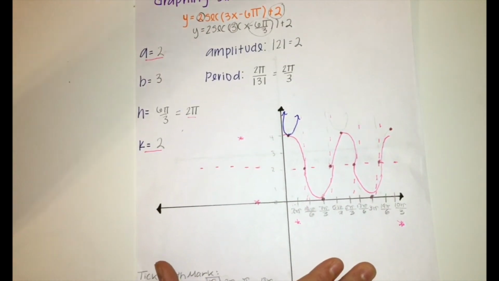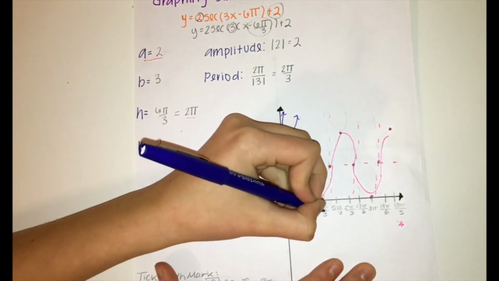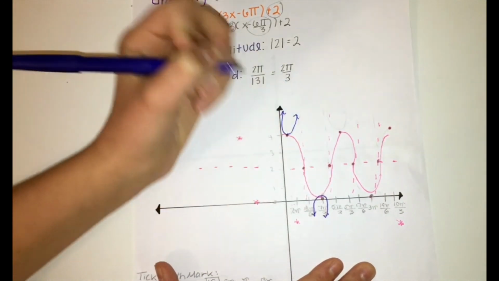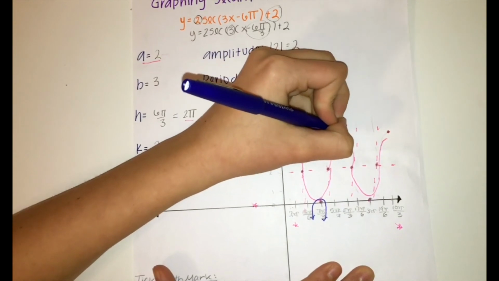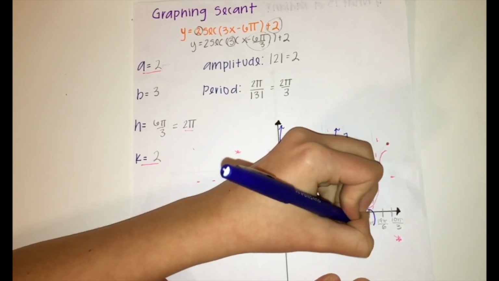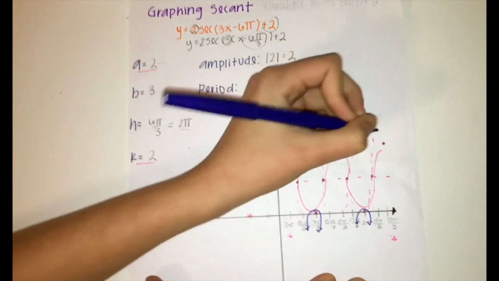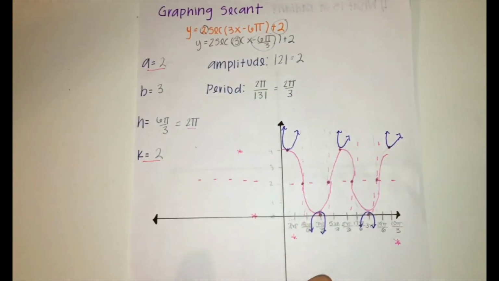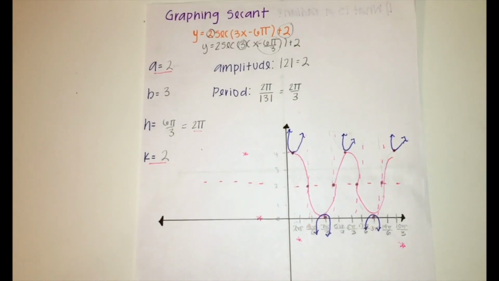And so the opposite is true if you have a minimum. We would have a downwards or a negative parabola. And so I'll do that for the rest of these. Downward and then upward. All right, and that is our graph for secant.